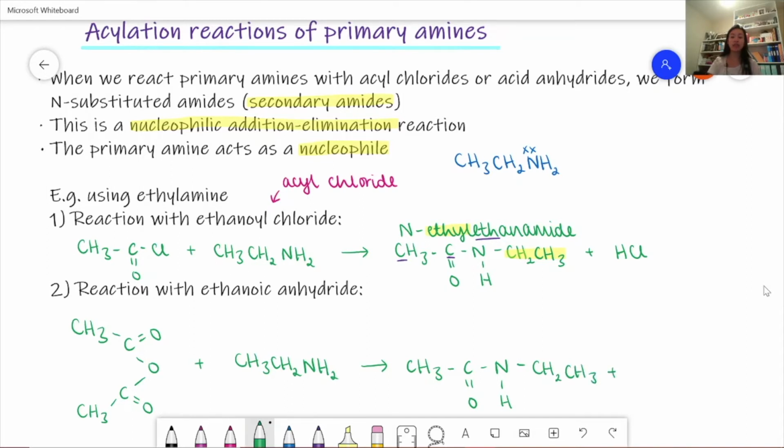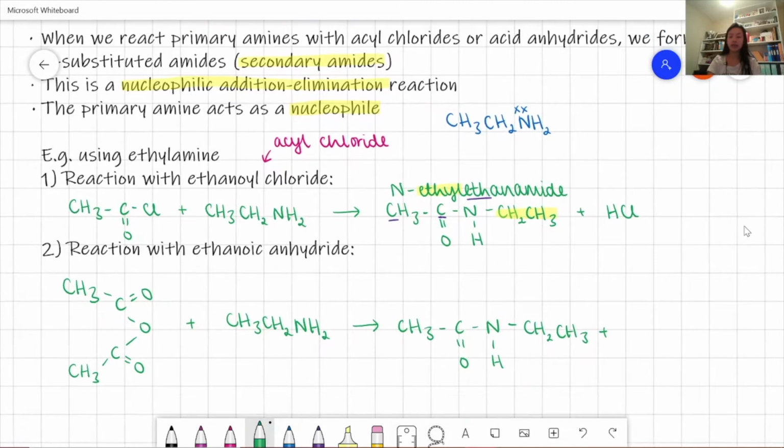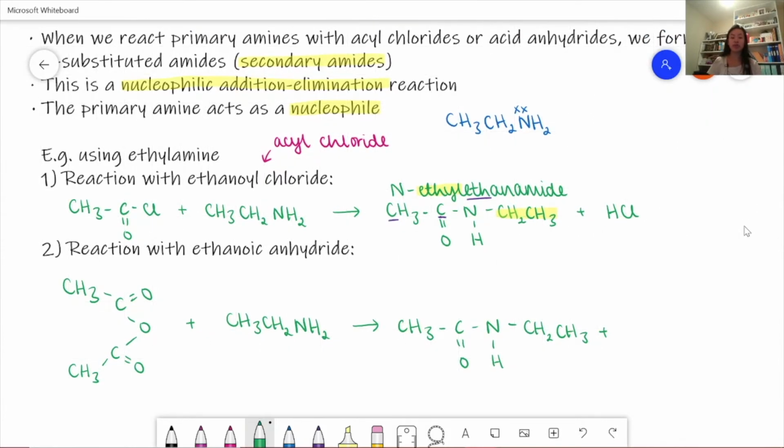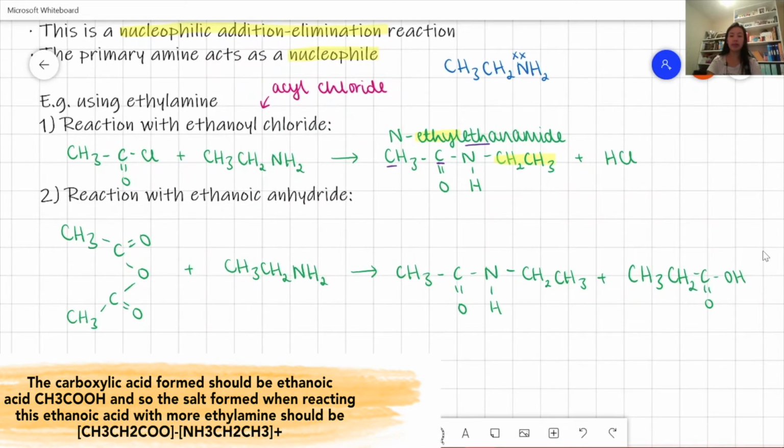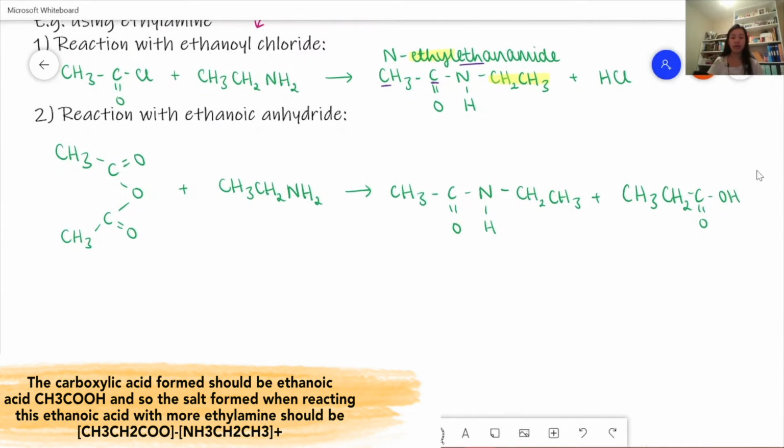And now what we need to remember is that the carboxylic acid which is formed, which would be this CH3CH2, C double bond O, OH, actually reacts with another amine, so another primary amine.